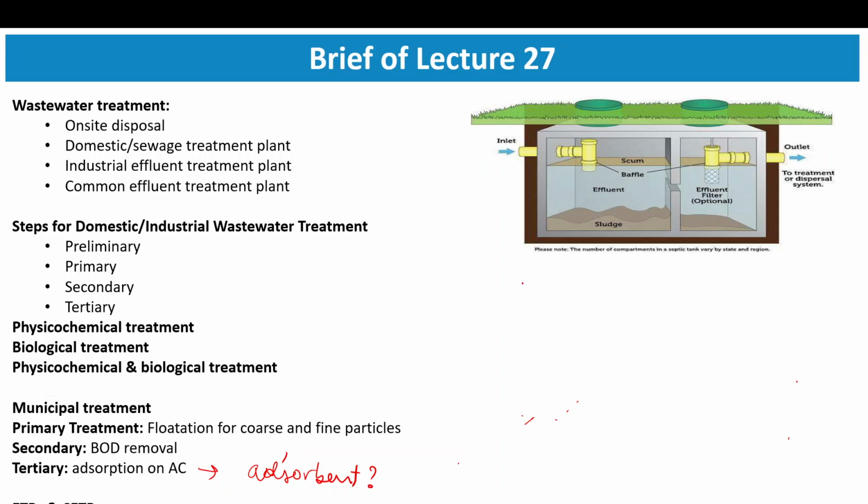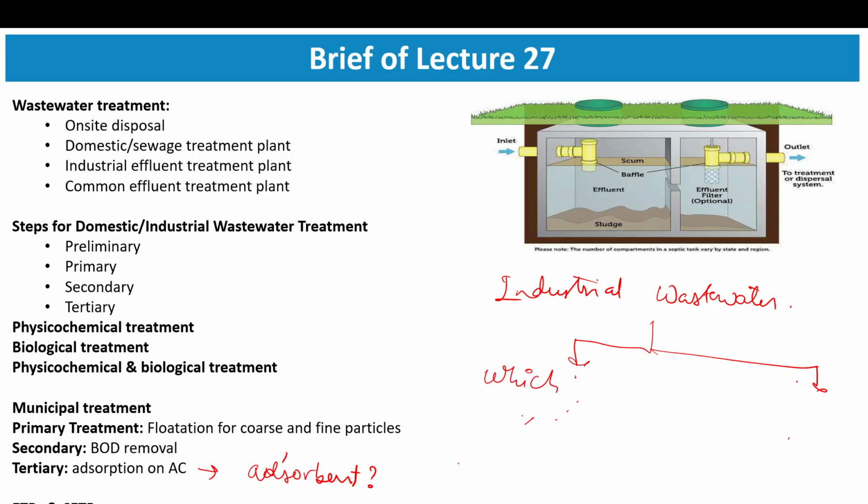Next, if we talk about industrial wastewater treatment, there could be two types of industries. The first type treats wastewater on its own.